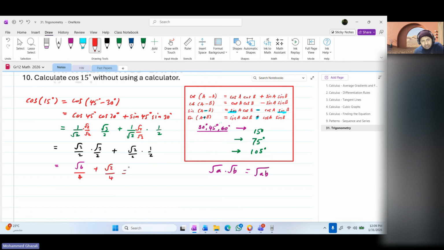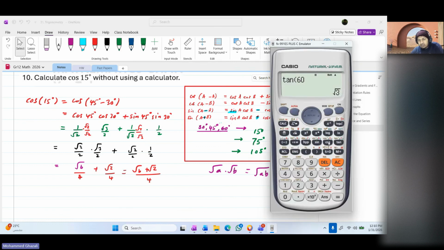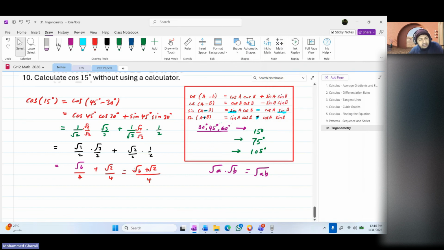Now we can just add the numerators, which is root 6 plus root 2 all over 4. If you type cos 15 in the calculator, you must get this final answer. Let's type cos 15 to double check. Root 6 plus root 2 all over 4. So we are getting the answer.